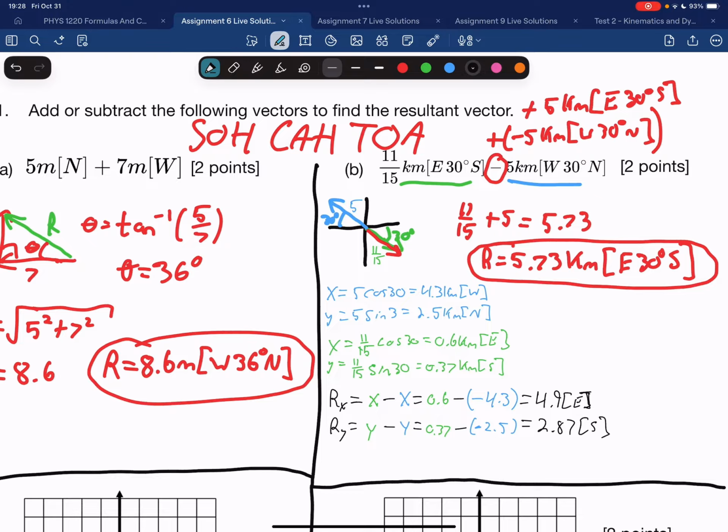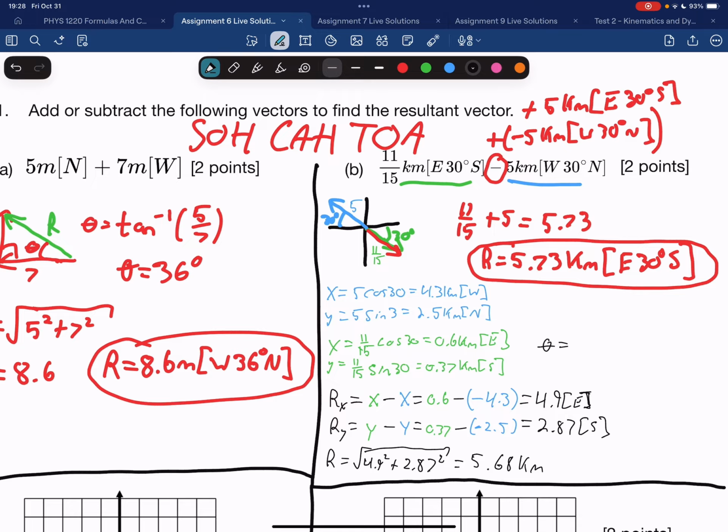Our total resultant vector is just going to be using the Pythagorean theorem, so 4.9 squared plus 2.87 squared equals, I'm getting 5.68 kilometers here. And to find the angle, we can take the tangent between the x and y components here.